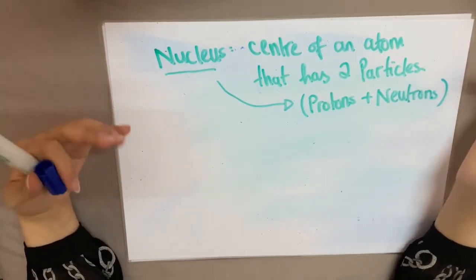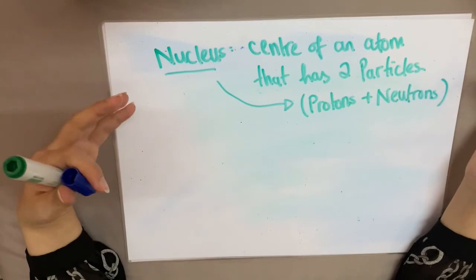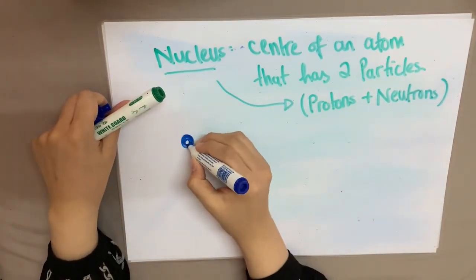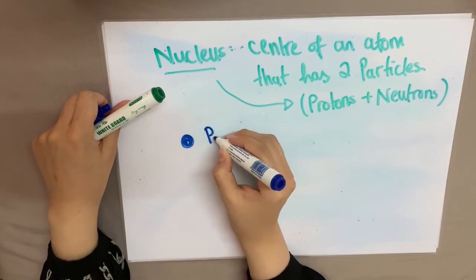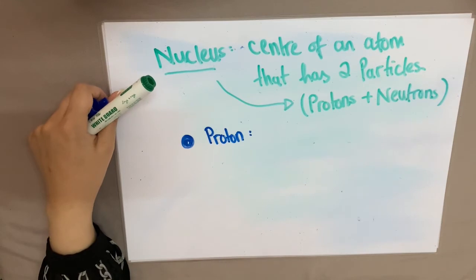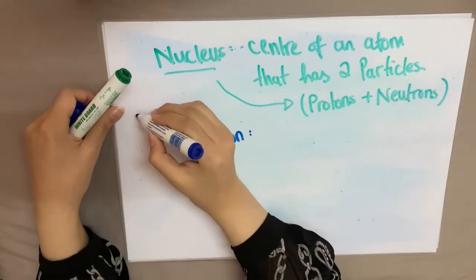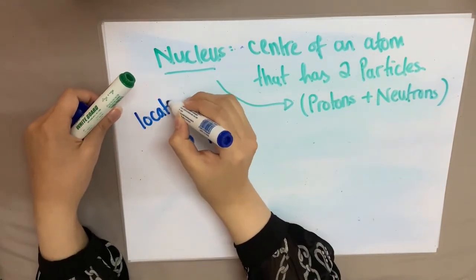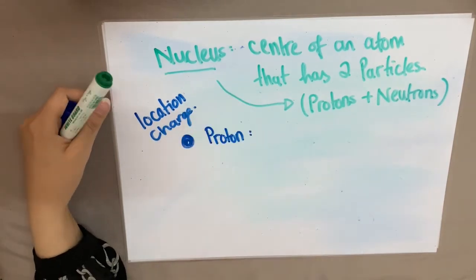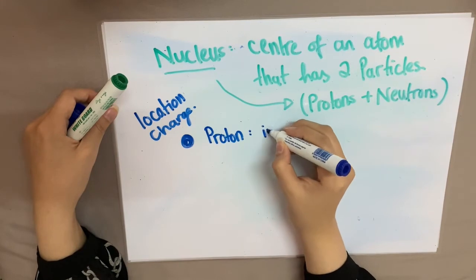So, okay, what about protons and neutrons? What are we gonna know about them? Well, keep in mind, we have a proton. You have to know 2 things about each particle: location and charge. So a proton is located inside the nucleus.